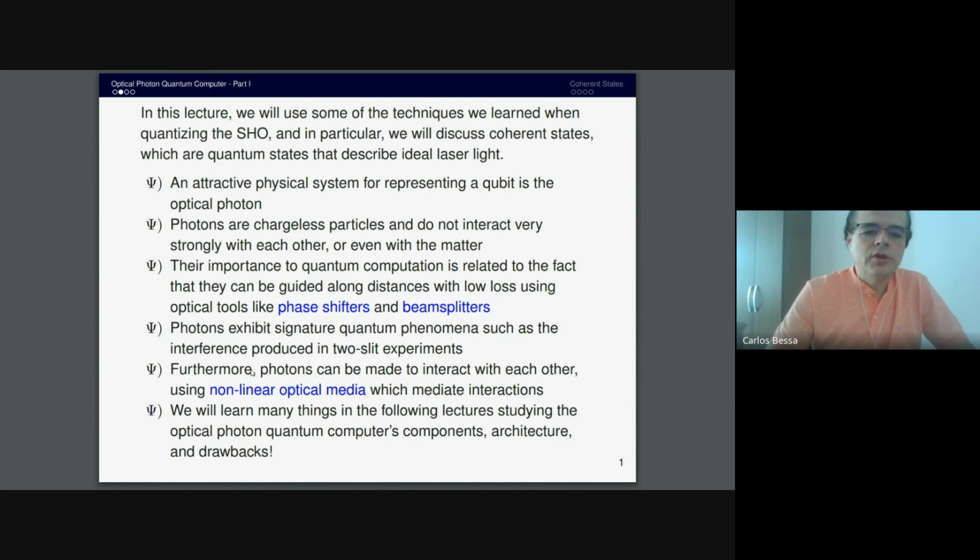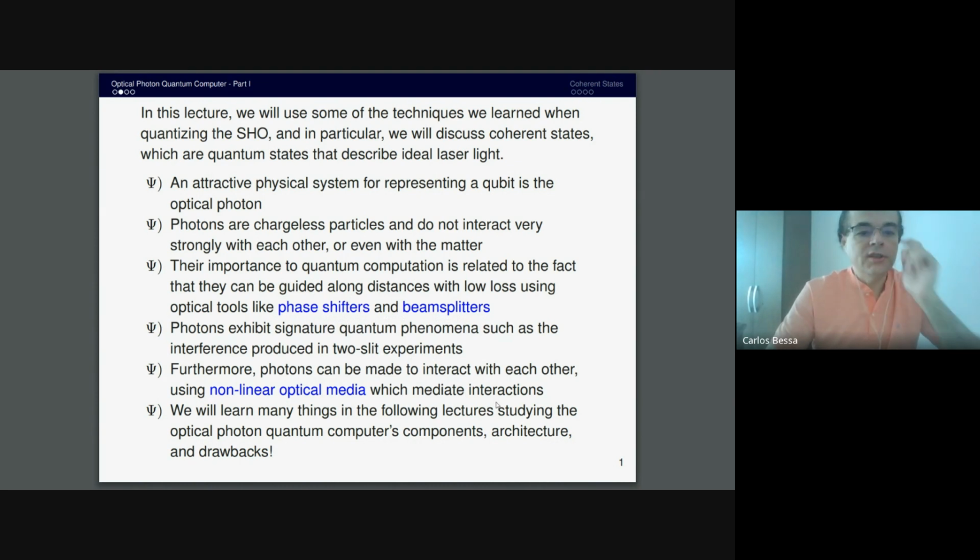Furthermore, photons can be made to interact with each other using nonlinear optical media. We will see some types of media in the next lectures, not today. In real systems, this type of media could mediate the interactions between the photons.